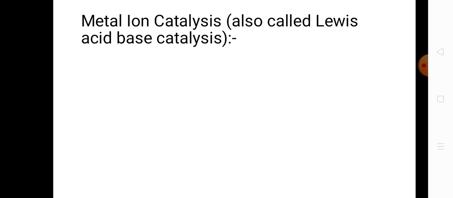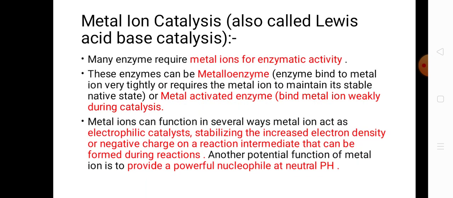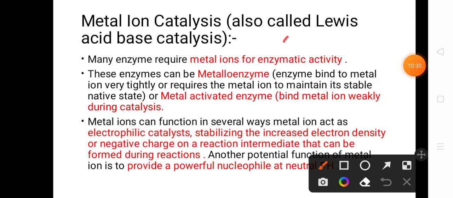Now let's talk about metal ion catalysis. Metal ion catalysis is also known as Lewis acid base catalysis. So we all know that many metal ions are present that are very important for many enzymes, right? And on the basis of this, we can classify enzymes into two parts.